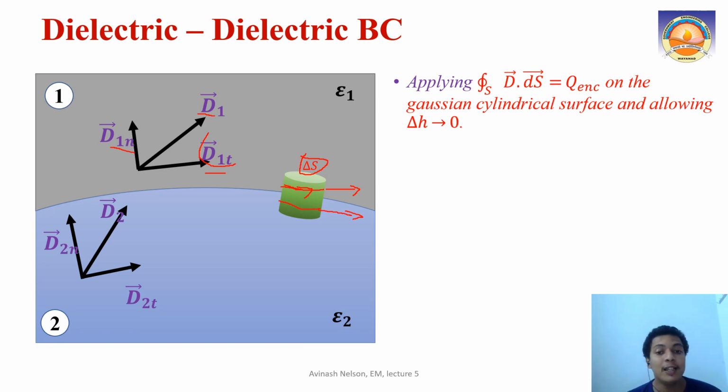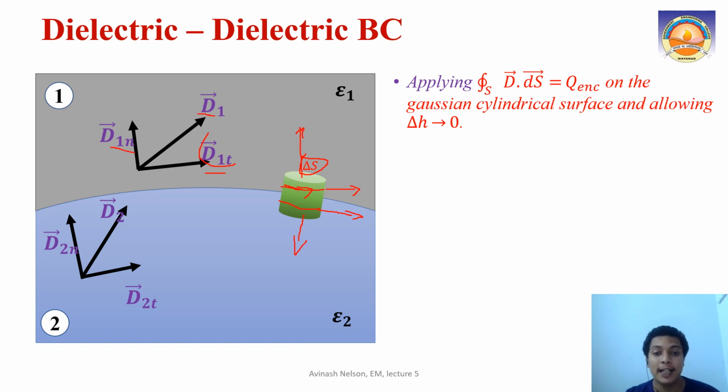So similarly on the curved surface you will not have any dot product of D dot dS. So we only have to worry about the top as well as bottom surfaces of this cylindrical box or cylindrical Gaussian surface. Clear?